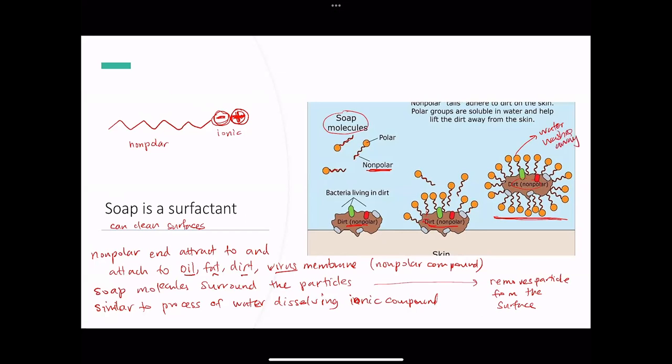So this will wash away with water because all this outer end, the outside of it now, is what's attracted to water. That's the polar end or the ionic end. And when water comes along, water will then take this whole package with it. Okay, so that's how soap cleans surfaces.